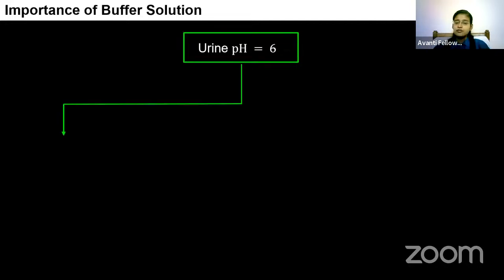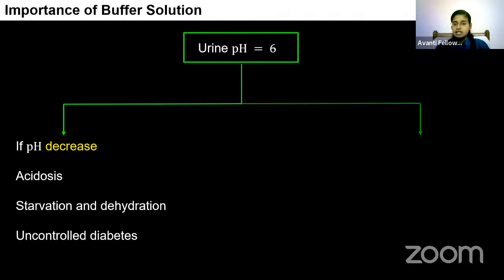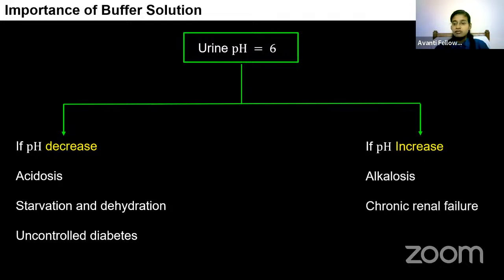If the pH of the urine decreases, it is called acidosis. Mostly starvation and dehydration will be there, and uncontrolled diabetes. In the same way, if the pH value increases, it leads to alkalosis, and here chronic renal failure will happen, and all types of urinary tract problems and obstruction will be there.